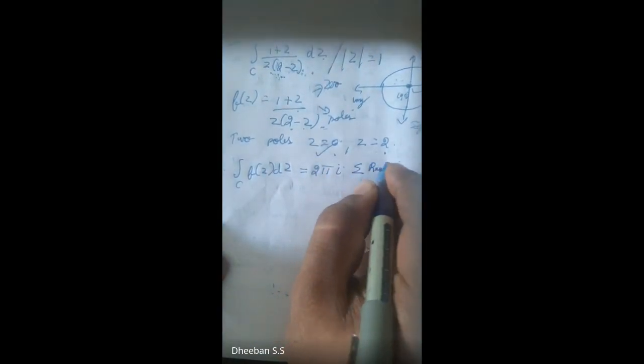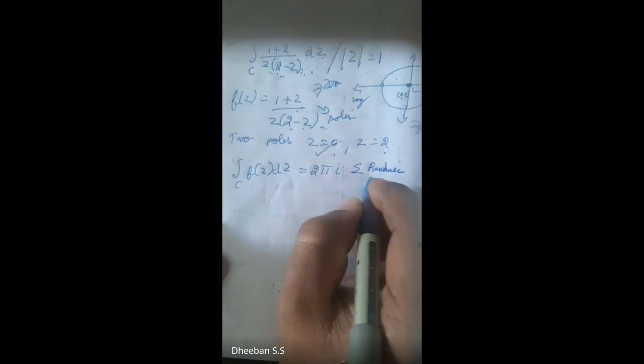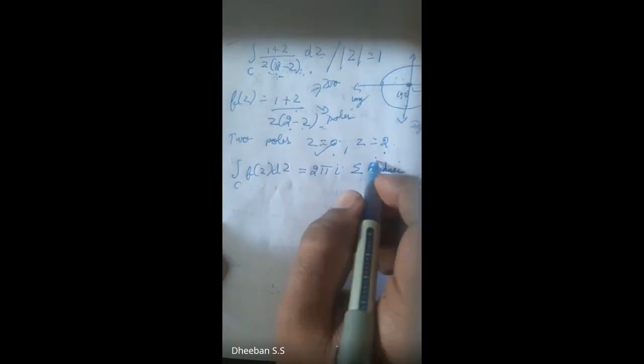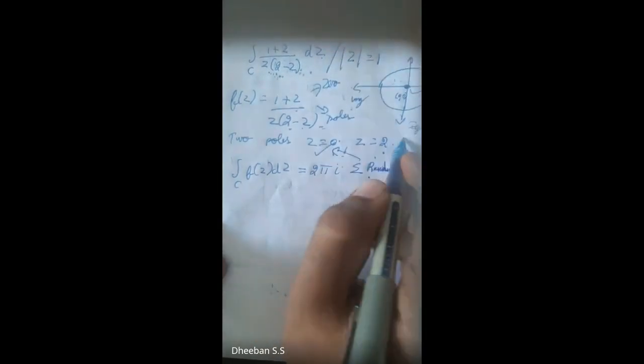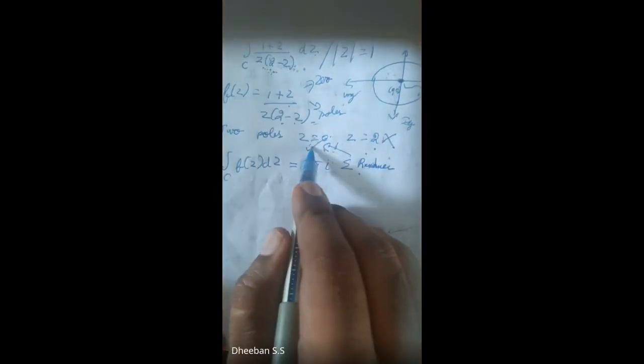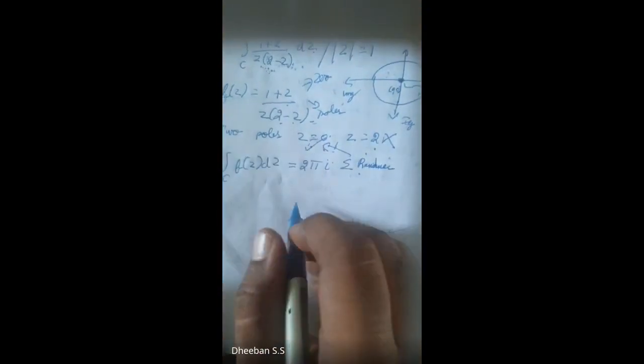So you have to find the residues. Here the possibility is only one residue. The other residue won't be possible because it is outside the unit circle. So you have to find the residue for this.